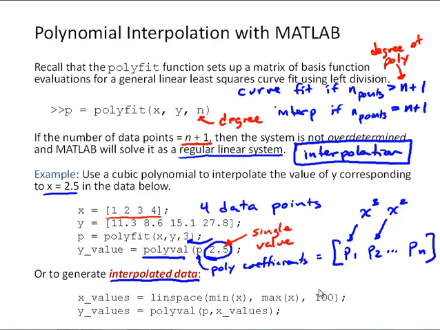We could do that by setting up a vector of x values here, and then again just use polyval to interpolate. We'll use that interpolating polynomial to calculate interpolated data for each of those x values, plugging those x values into the polynomial defined by p.